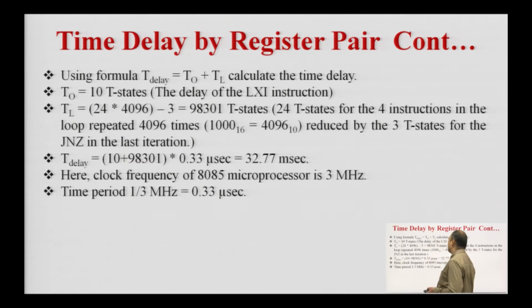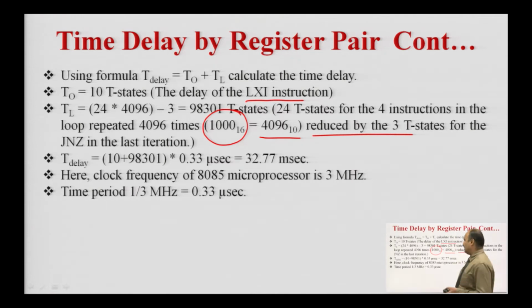T0 is 10 T states, the delay outside the loop, that is 10 T states for the LXI instruction, and TL is 24 T states for the four instructions in the loop, and the loop is repeated 4096 times, because the count value loaded as 1000H is a hexadecimal number whose equivalent decimal number is 4096. Here we reduce 3 T states when the condition is false, so these 3 T states can be deducted to get the accurate time delay.